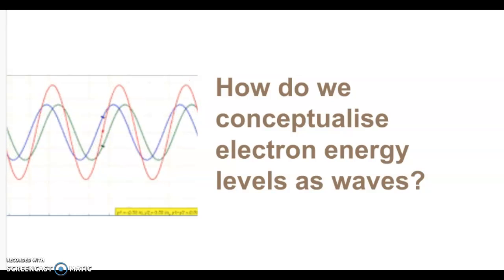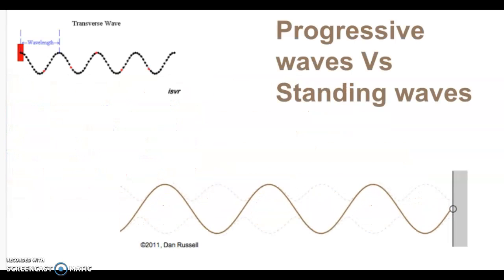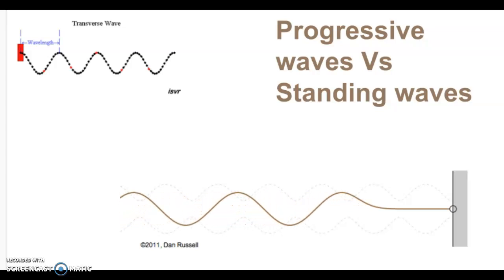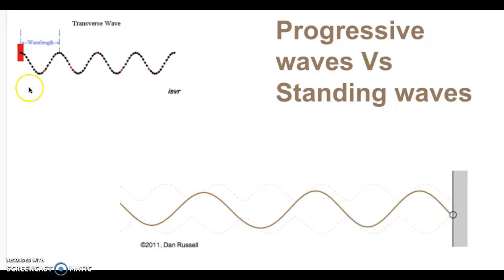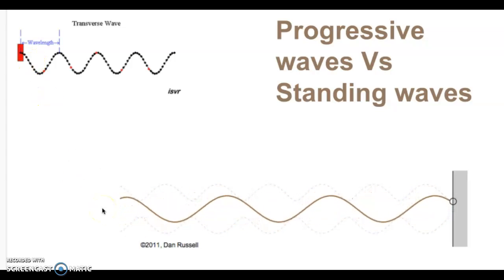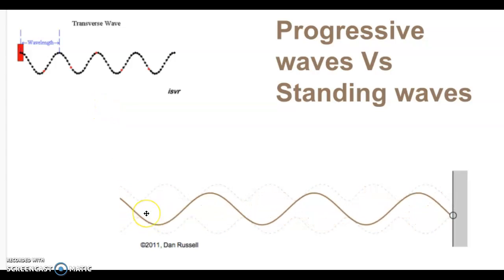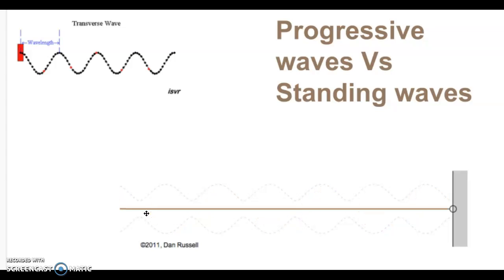Now, first, though, we need to take a step back and define something called a standing wave. If we go back to topic 4, we define something called a progressive wave. A progressive wave is simply a wave that has a source and travels through the medium. So we've got an example here. You can see quite clearly it has an amplitude, it has a wavelength, and it's traveling.